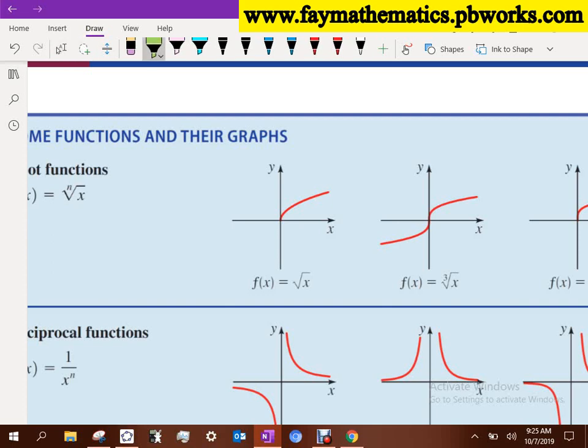But the idea is, if I were to look at x squared and take the ordered pairs, 0, 0, and flip the x and y, I then get an ordered pair on the square root of x. Okay, so 0, 0 flipped gives you 0, 0. Pretty trivial, pretty basic.